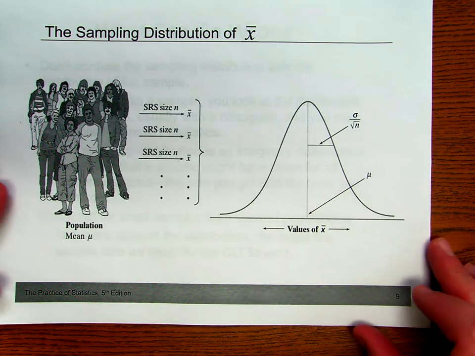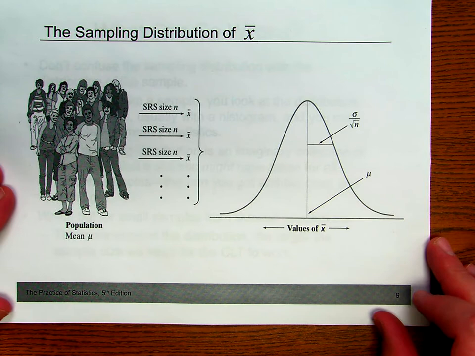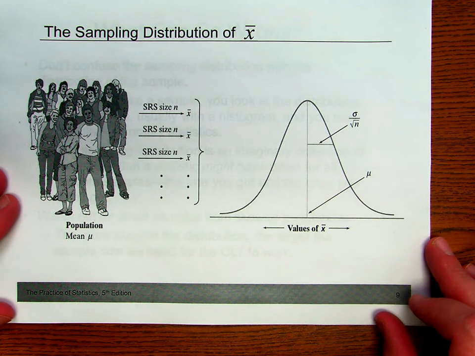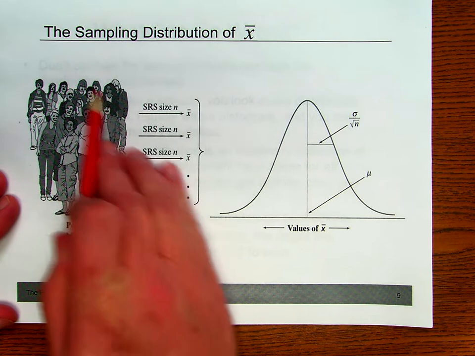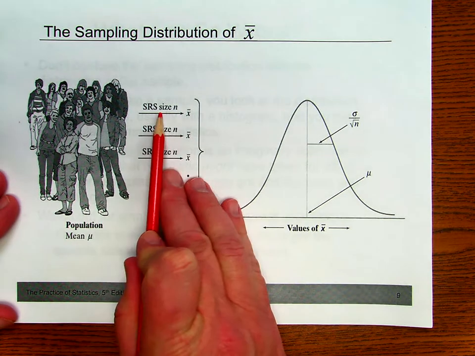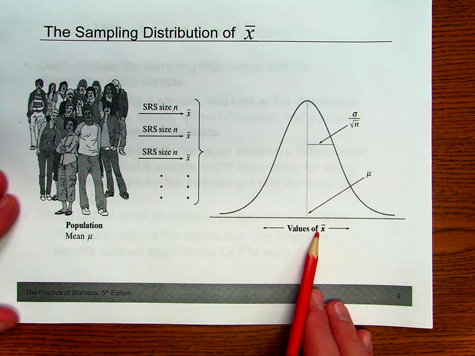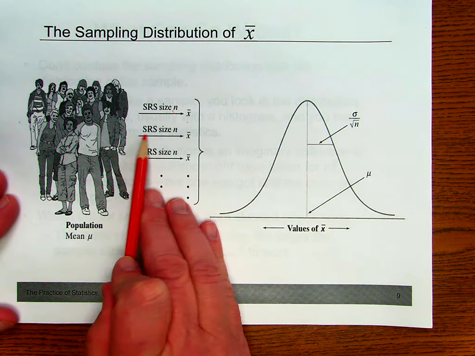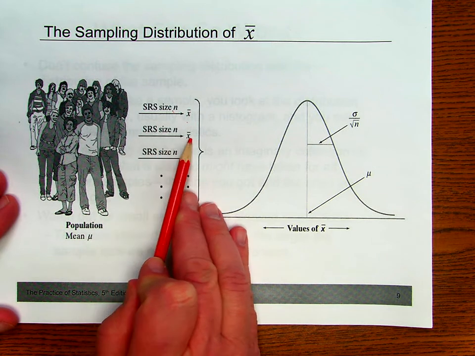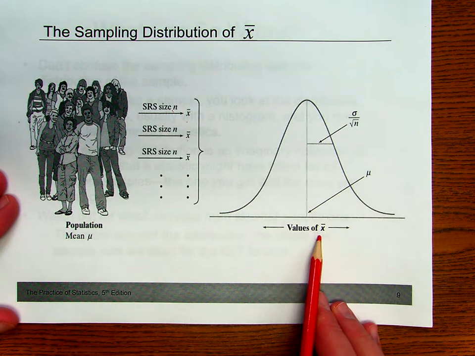So a little visual to tie these ideas together. Same basic visual we had when we were doing sampling distribution for proportions. You have some population. You take a sample of size n, calculate its mean, plot it. Take a second sample of size n, calculate that sample mean, plot it.